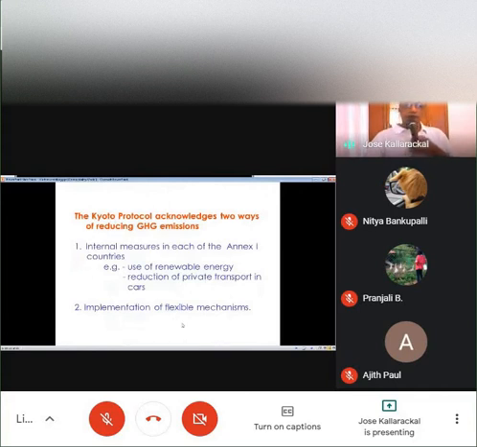Now the Kyoto Protocol acknowledges two ways of reducing GHG emissions. One is internal measures in each of the Annex 1 countries. They give a lot of latitude for the countries who have signed this protocol.